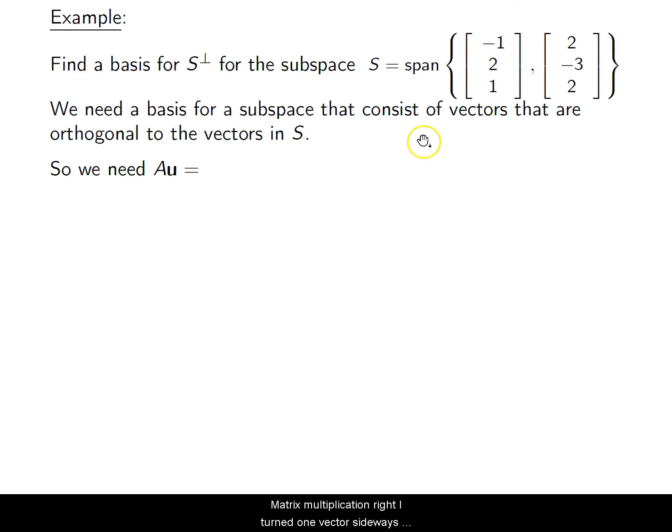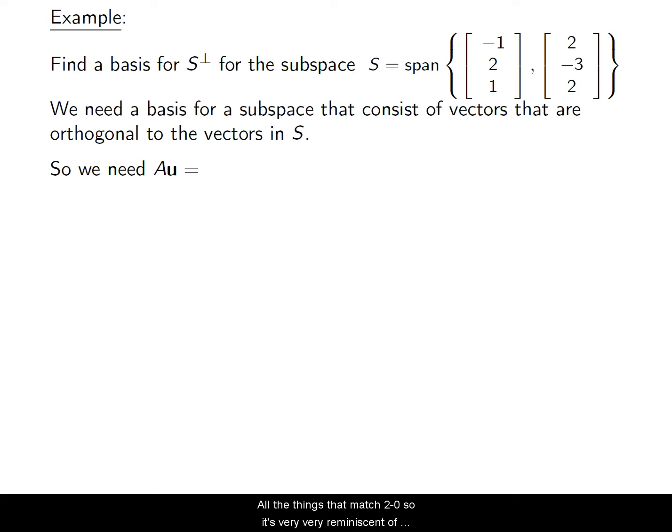I turn one vector sideways so that the columns match up with the rows, and then I multiply it together. So if I can turn this into a matrix and multiply it times an unknown vector as it goes to 0, I can then solve that.